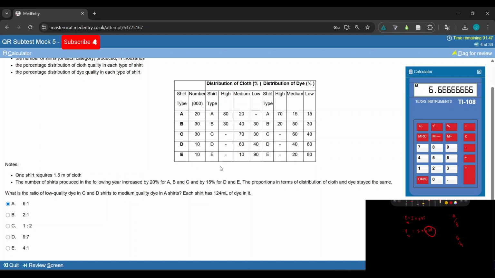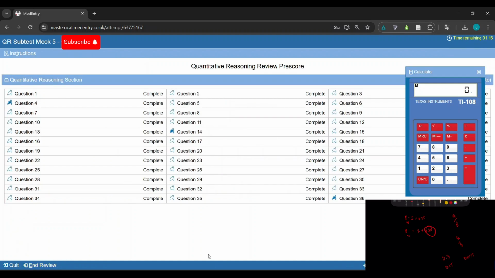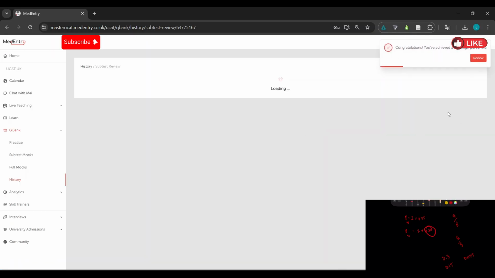So actually, I think it's going to be 0.75 times 0.4, which is 0.3, 0.25 times 0.6, which is 0.15, and then you've got 0.5 times 0.15, which is 0.075. So then 0.45 divided by 0.075 is just 6. Okay, cool, got it. So if we end our review here, we have a look at how we did.